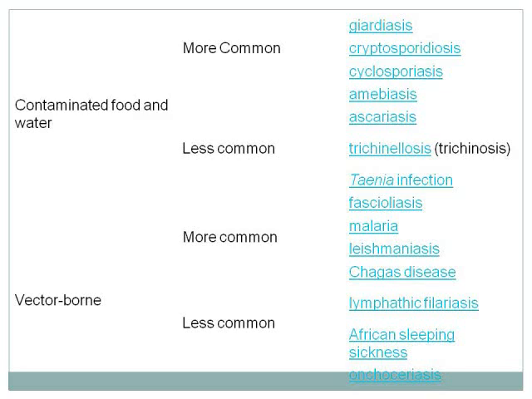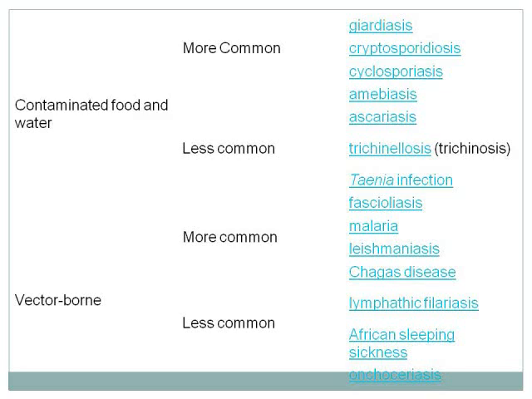Otherwise, those people who are cooking food for you may pass this on to you via food. Now, again, contaminated food and water and vector-borne. These are some of the things that we think are important. These are the more common diseases that you may get if you have one of these parasites coming to you via food and water.